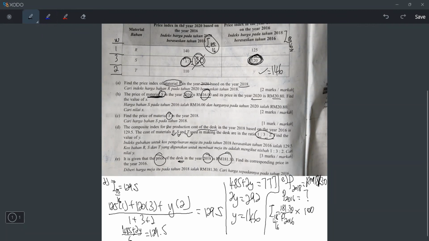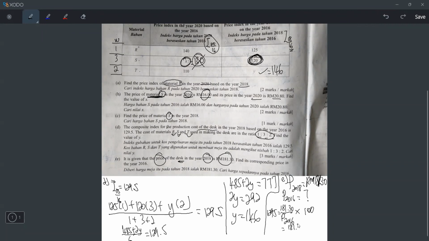But they never mention R, S, T, which means I have to take the composite index, or you can say the average for 18 over 16. So where is the 18 over 16 average? Here, 129.5. Does the class understand? 129.5.